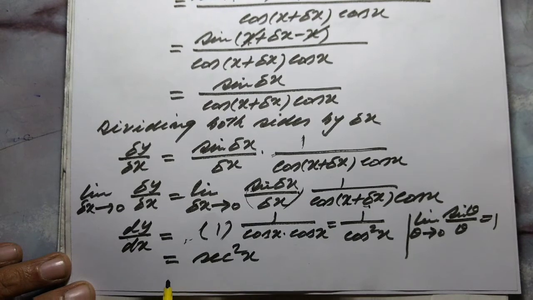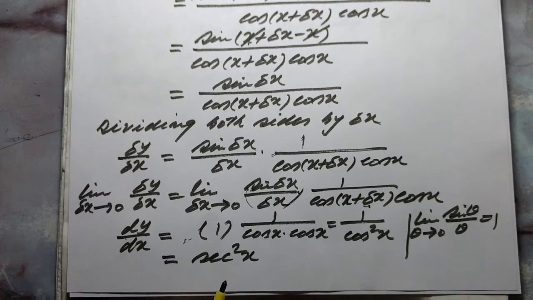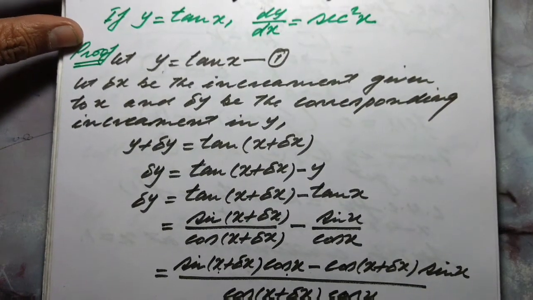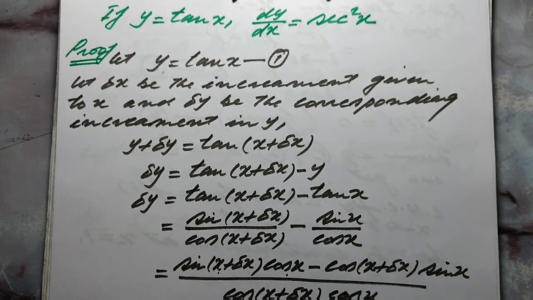So ultimately we have dy upon dx is equal to sec square x if y is equal to tan x. So this is the proof of the derivative of tan x.